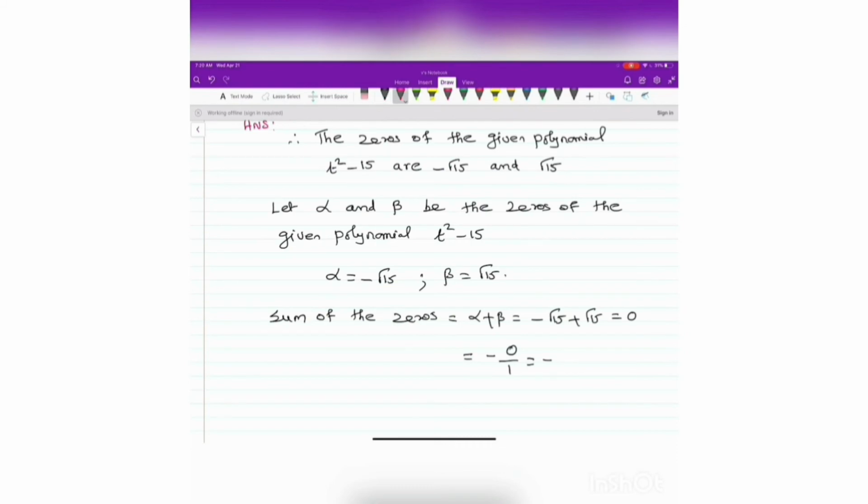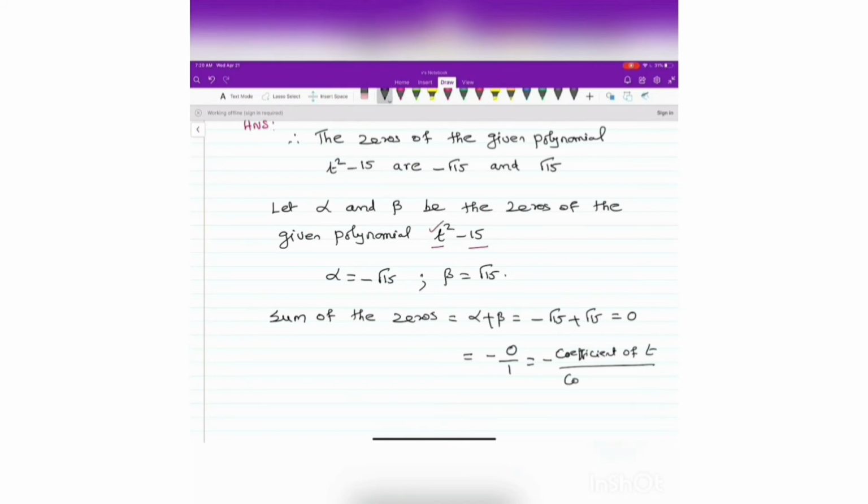If you see the given polynomial, you have got t square term and you have constant term. There is no t term at all. So, t term is 0. So, I can write here instead of 0, it is nothing but the coefficient of t by 1. 1 is nothing but coefficient of t square.